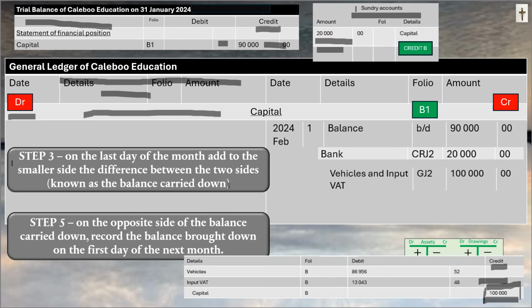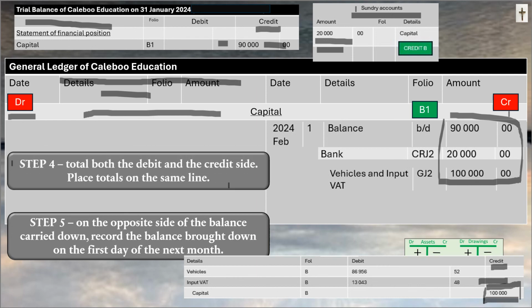If I add this up, we check which side is bigger. Obviously the credit side is bigger because there's nothing on the debit side. Now I need to add to the smaller side the difference between the two sides, and that amount is 210,000.